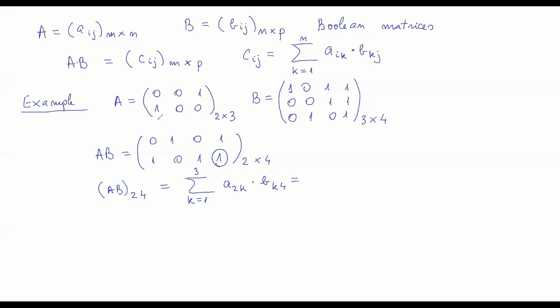What this means is that we are going to take the second row of A and the fourth column of B, just like we normally have in matrix multiplication. So this is going to be 1 times 1 plus 0 times 1 plus 0 times 1. 1 times 1 is 1 in the Boolean algebra, 0 times 1 is 0, 0 times 1 is 0. And when I make this sum, this is going to be 1, just like I announced in my example.